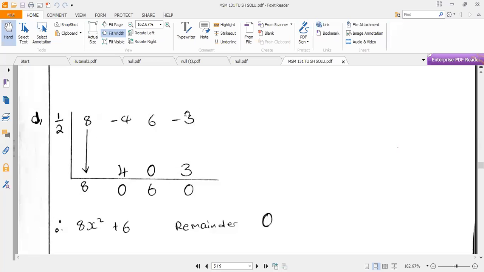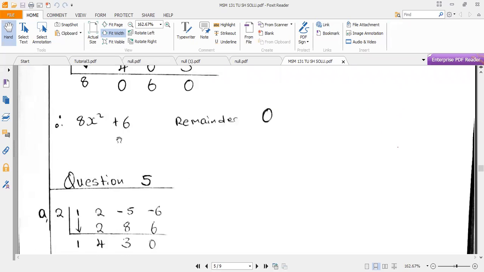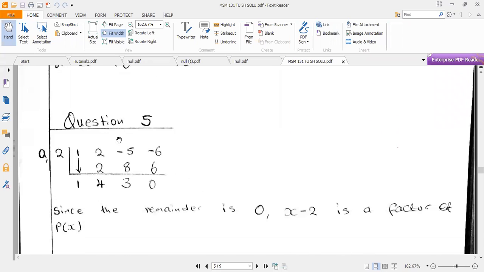So using synthetic division for A, we are going to have 2 being divided into 1, 2, -5, and -6. So it's easy: you drop the 1, 2 times 1 is 2, 2 plus 2 is 4, 2 times 4 is 8, -5 plus 8 is 3, 2 times 3 is 6, -6 plus 6 is 0.